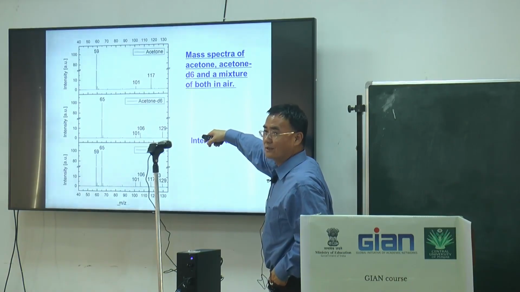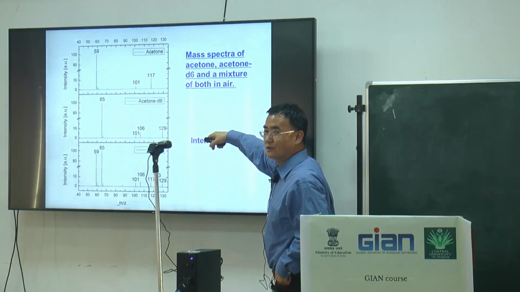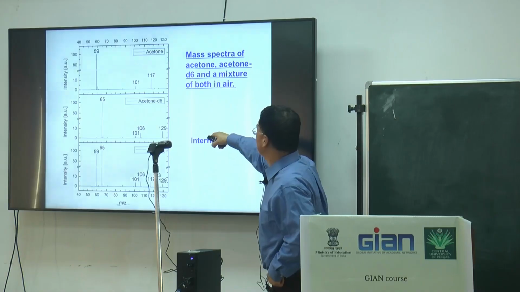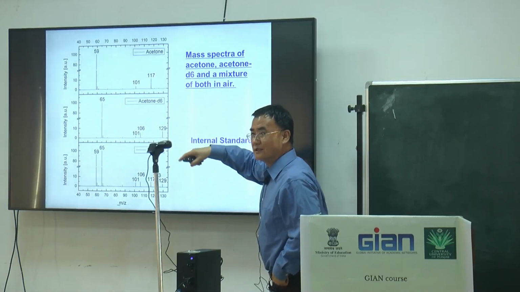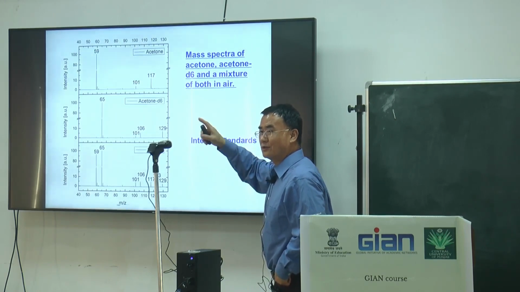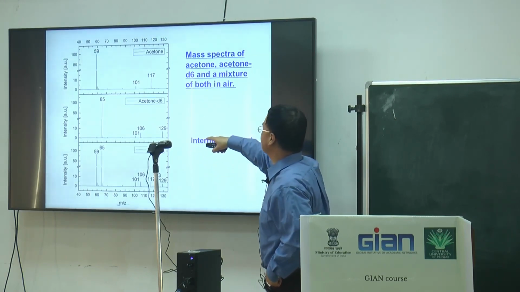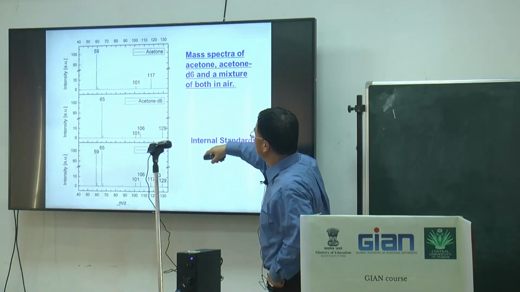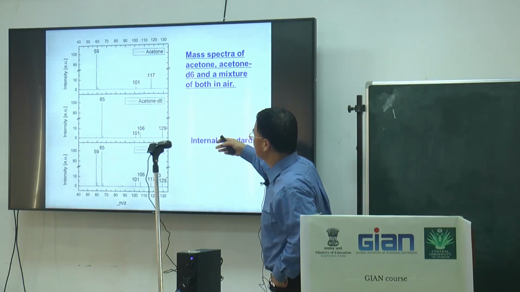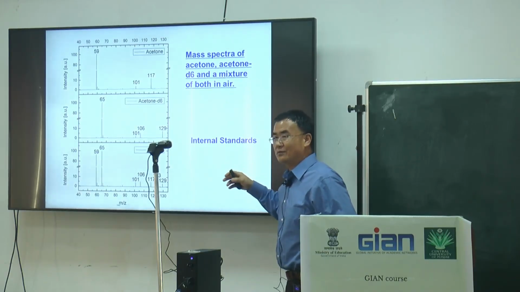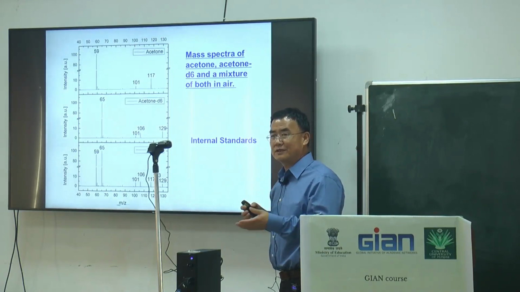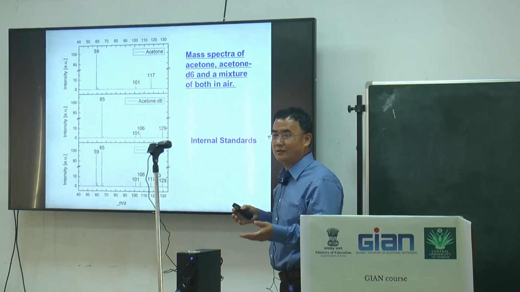It is too heavy, so I think we should call it heavy water. The molecular weight increases by 6, whereas common hydrogen is only 1, but this is 6. You use this as an internal standard, except it is an isotope, particularly a stable isotope.